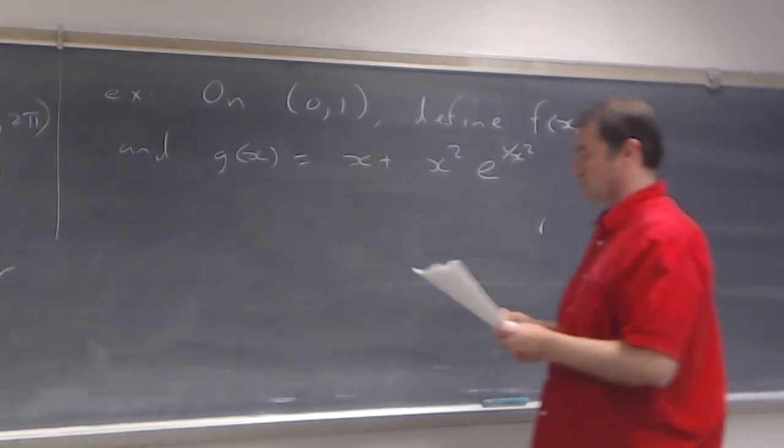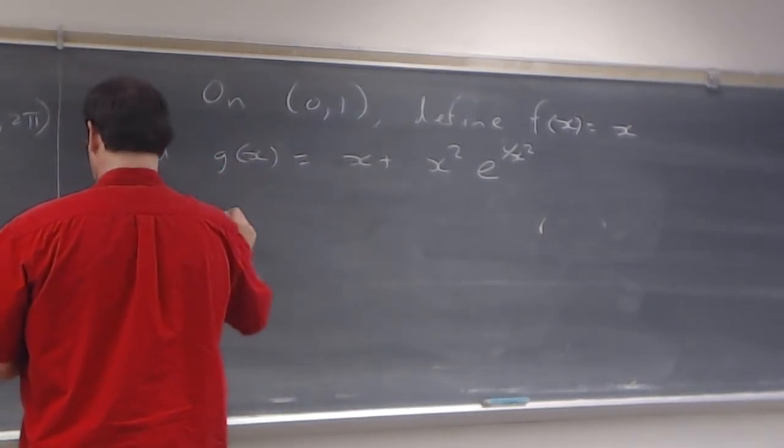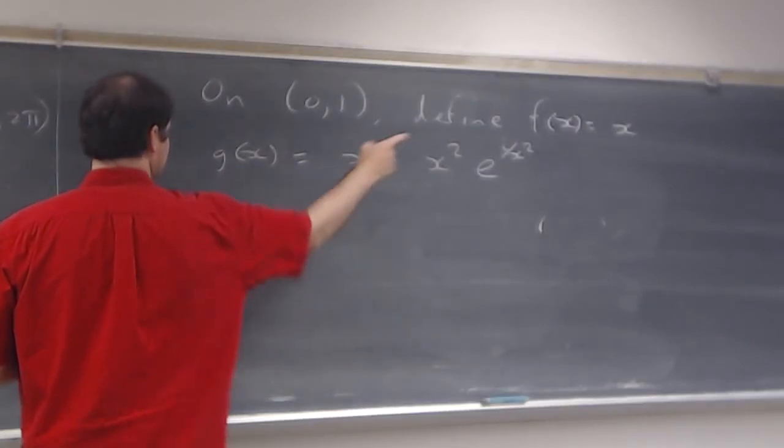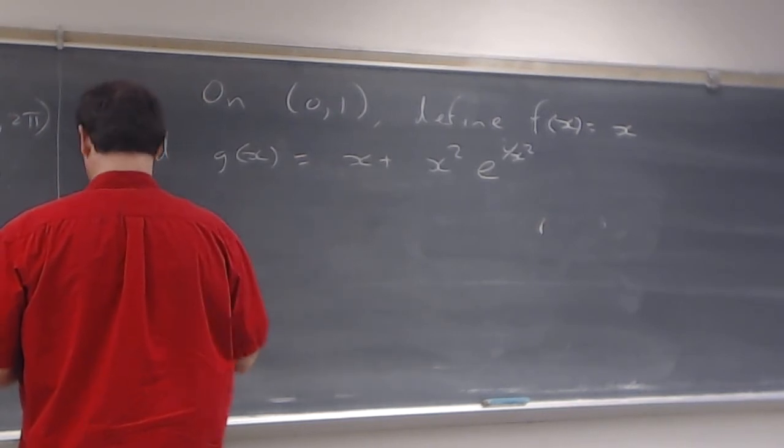So we look at those two functions, and we think of them as complex valued functions, even though f of x is real valued. We think of real numbers as complex numbers.